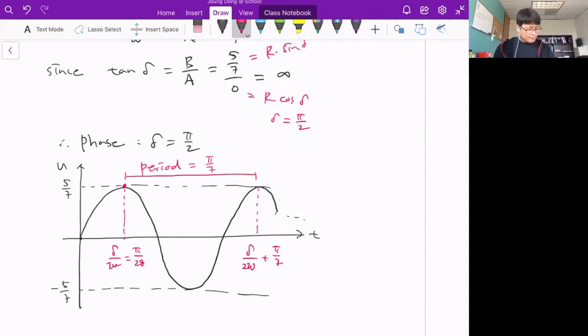Is that okay? And that's it, right? So we also talked about the amplitude, right? Am I doing right? In the problem, I asked you to find the first return. When does the mass first return to its equilibrium position, right?